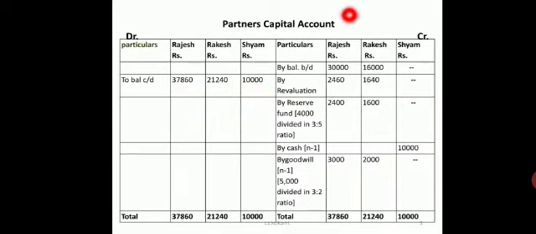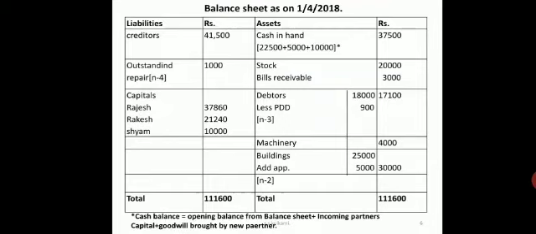After preparing partners' capital account, we are going to prepare the balance sheet on the date of admission. So on top write balance sheet as on 1/4/2018. Divide the page in two parts, assets and liabilities, and amount column on both the sides.